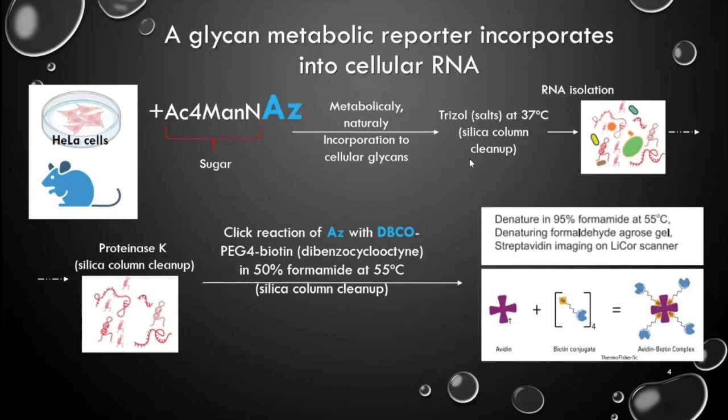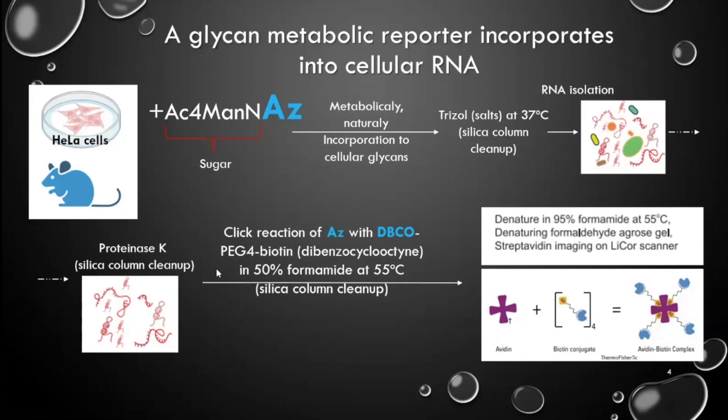The RNA isolation was done using different steps. First of all, they applied TRIzol, the highly concentrated salts, at 37 degrees, and they washed it out by the column to have the mixture of RNA, DNA, proteins, and other components. Using the proteinase K treatment, they got rid of the proteins and cleaned it with the column again.